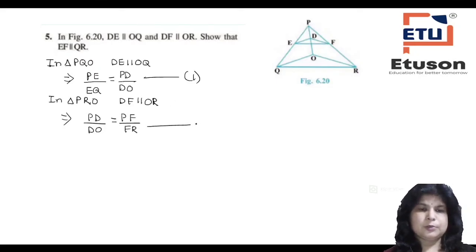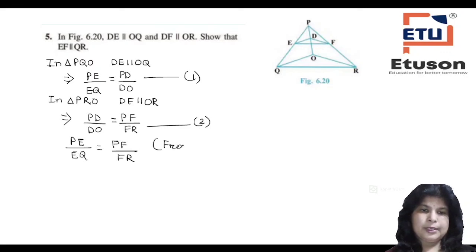So this becomes your equation 1 and this becomes your equation 2. So from this you can write that PE by EQ is equal to PF by FR from equation 1 and 2.